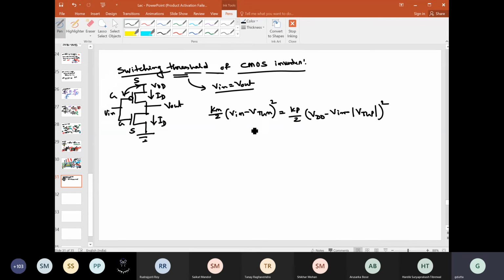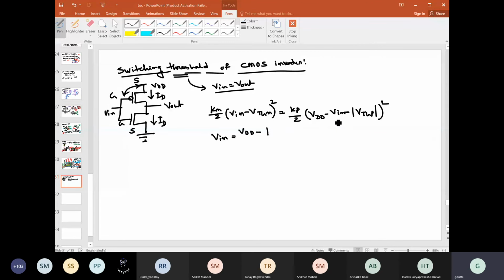So if you now do a bit of simplification, with the goal that here we need to find what V in is, you can estimate that V in is VDD minus the mod of VTHP, plus there will be one term of VTHN as well. I am not doing it step by step, which you can always do.